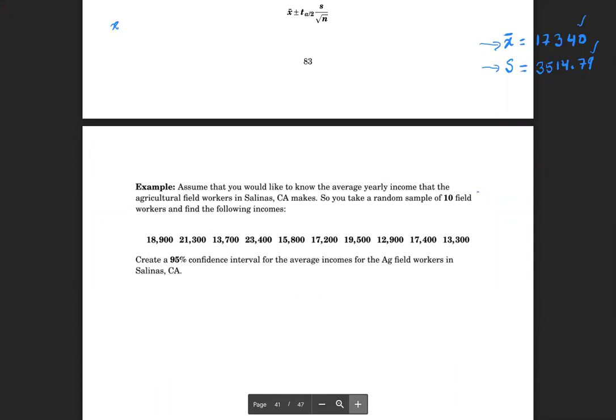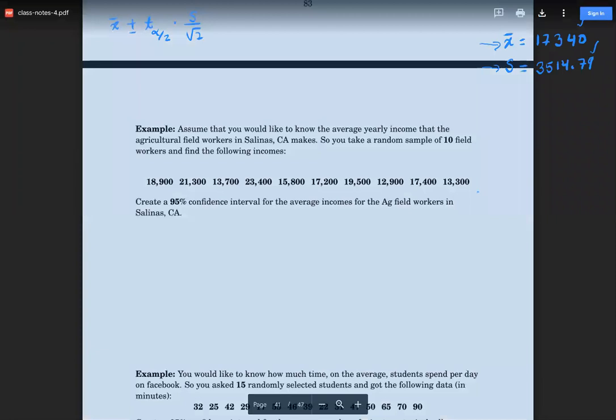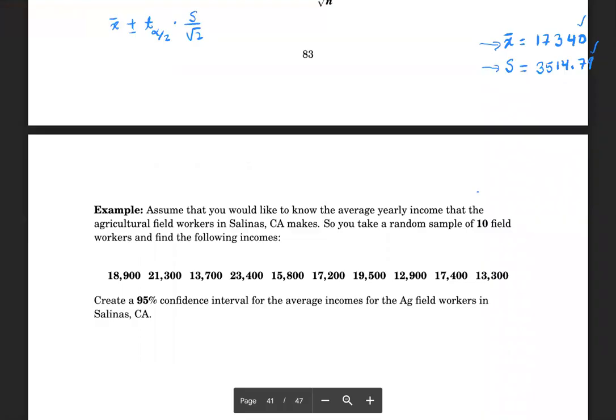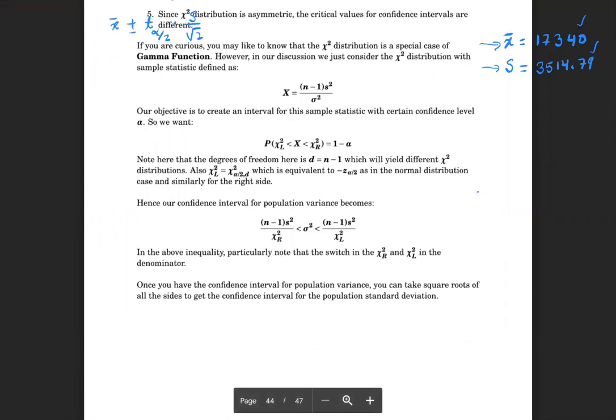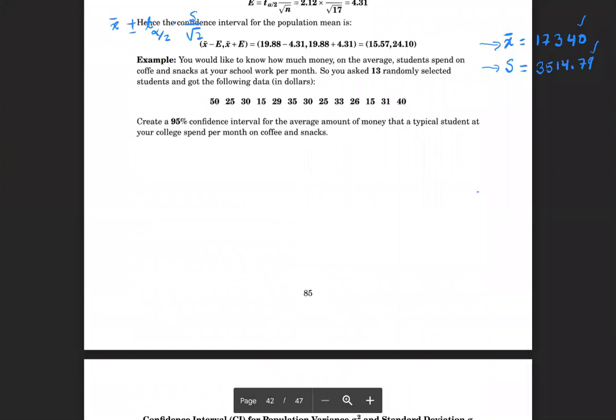X bar plus or minus T sub alpha over 2 times S over square root of n. Then your confidence interval is going to be, oops, what happened? Sorry, my screen got somehow, something is happening.